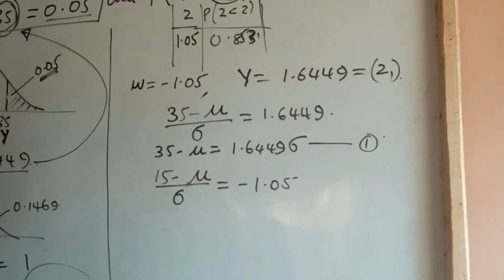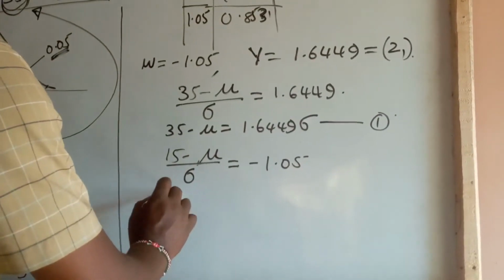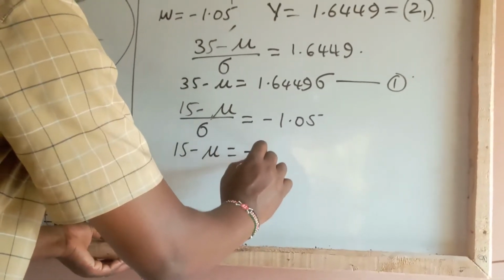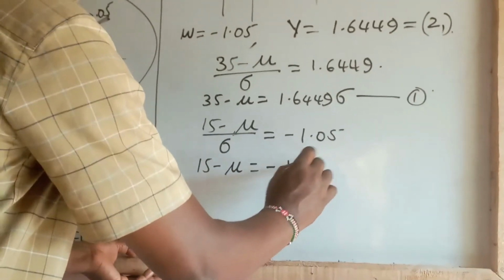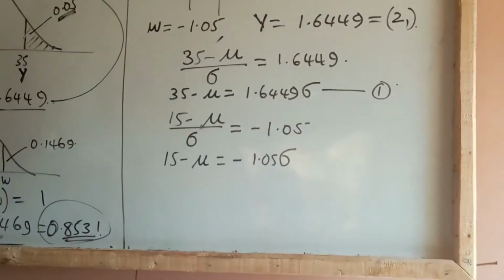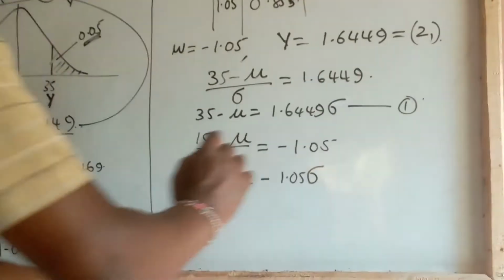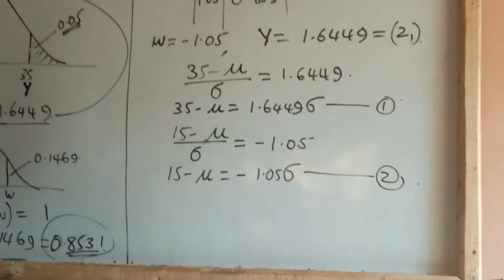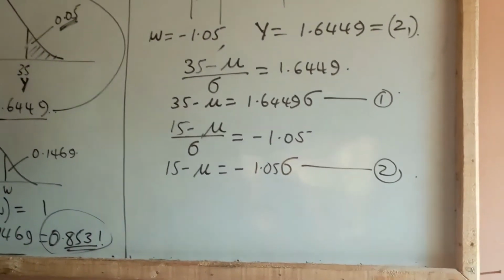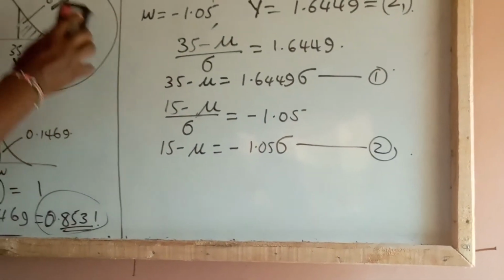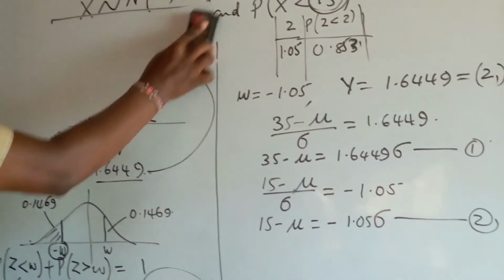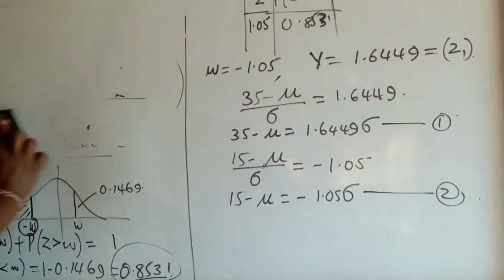Cross multiplying, we have 15 minus the mean is minus 1.05 multiplied by the standard deviation, and we can have this one as equation 2. Having understood that, we can bring the two equations together and solve them simultaneously now.